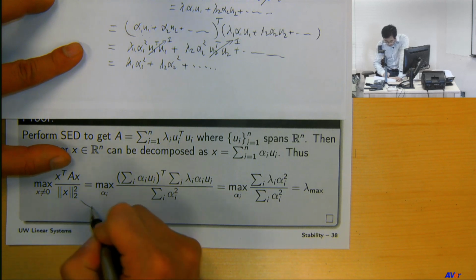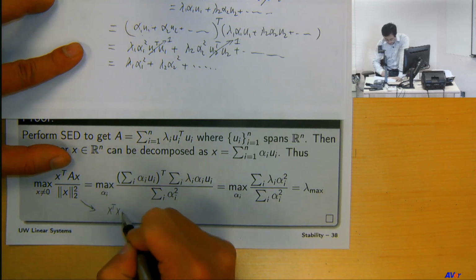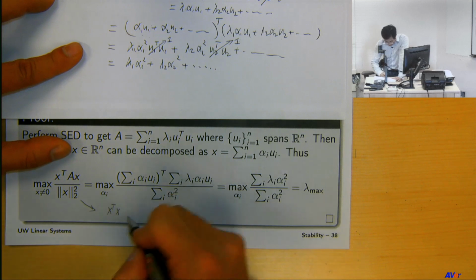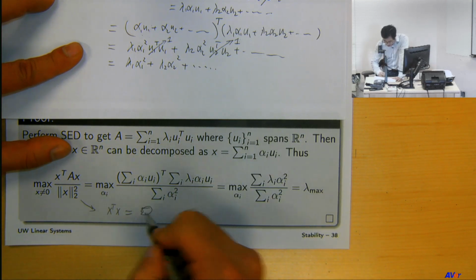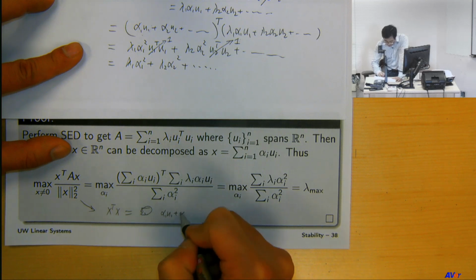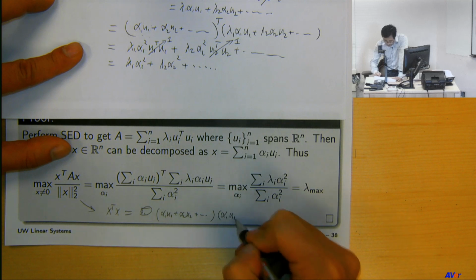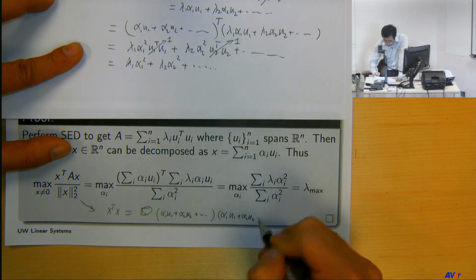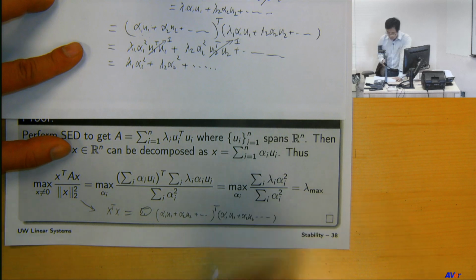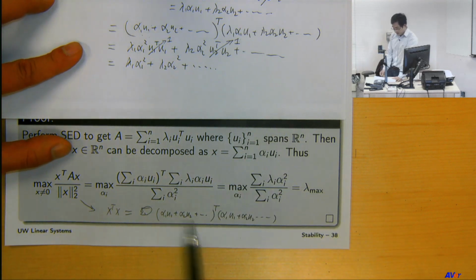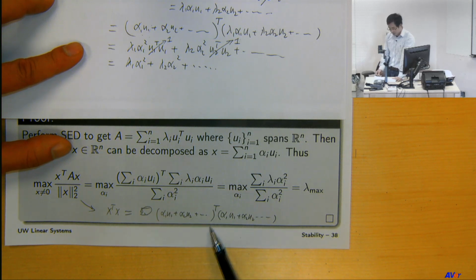This is x transpose times x. We're computing the norm, and using this decomposition, it's going to be a summation, again, of alpha 1 U1, alpha 2 U2, etc., times alpha 1 U1, alpha 2 U2, with the transpose here. Exactly the same logic. It's going to be alpha 1 squared plus alpha 2 squared plus alpha 3 squared, etc. It's the summation of alpha i squared.